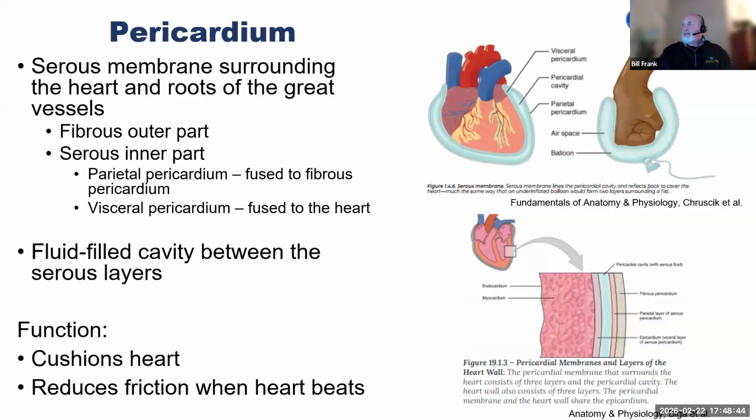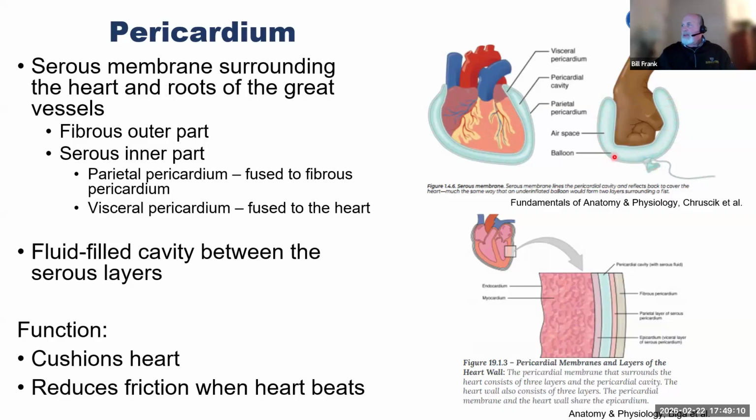So much like the fist pushing into this balloon, we can see that around that fist is going to be the visceral serous pericardium. The part lining the outside of the balloon is going to be the serous parietal pericardium, and then the most external part is the fibrous pericardium.